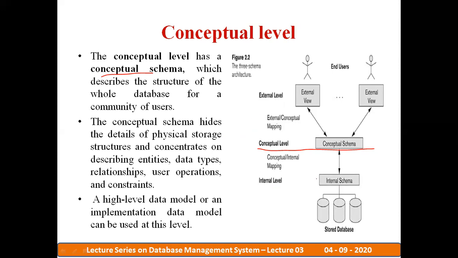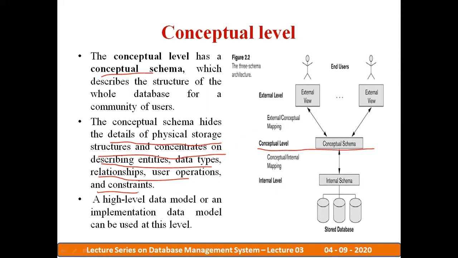Consider that if our student database has 5 tables, all the 5 tables will be represented in the conceptual level only. This conceptual schema hides the details of the physical storage and structures and concentrates on describing the entities, data types, relations, user operations and the constraints.